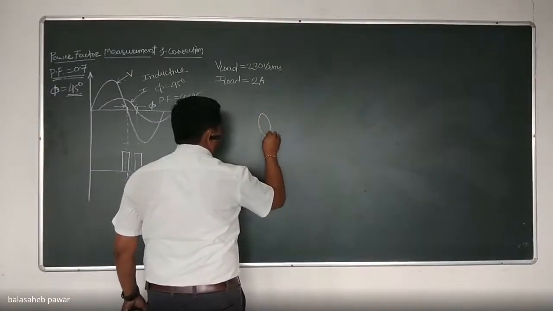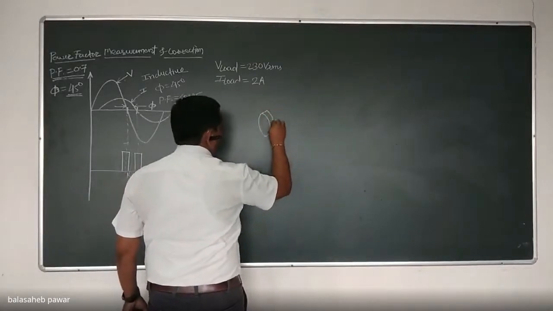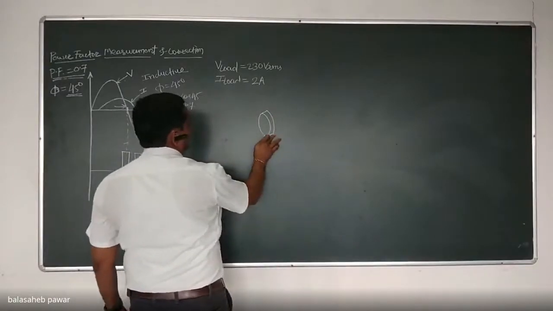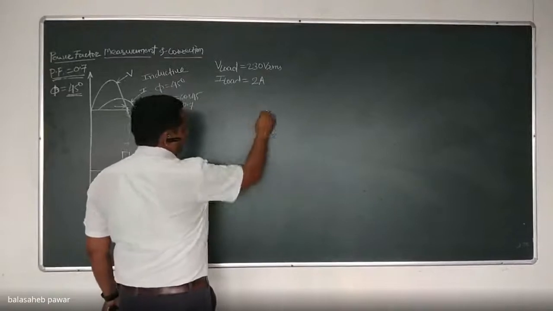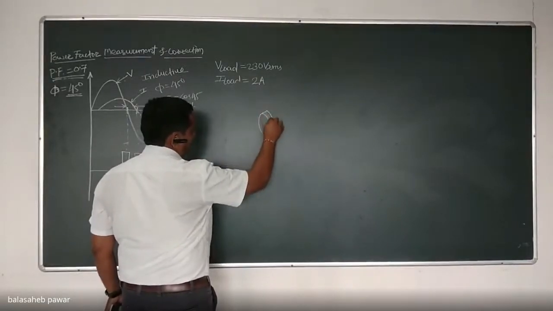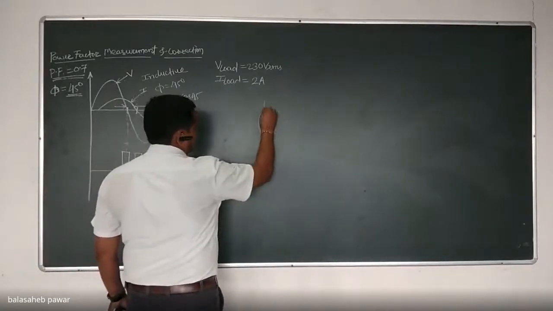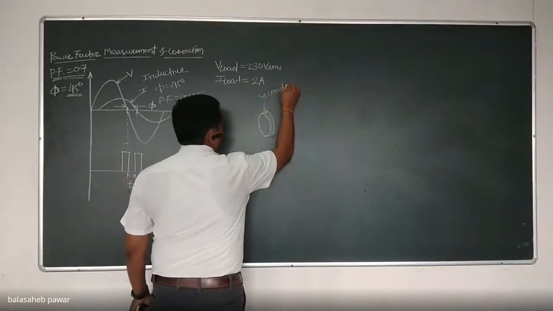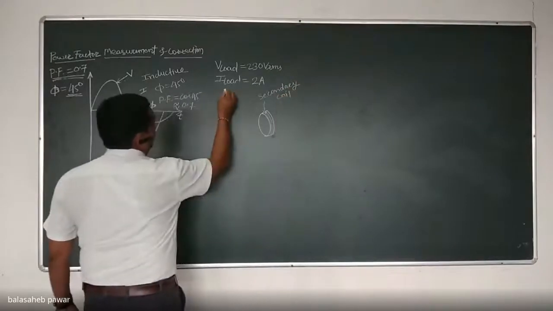A circular bobbin is there, on which a conductive wire or a copper wire is wound, right? The number of turns are there, so that copper wire which is wound on this bobbin acts as the secondary, or we can call this the secondary coil of that CT.